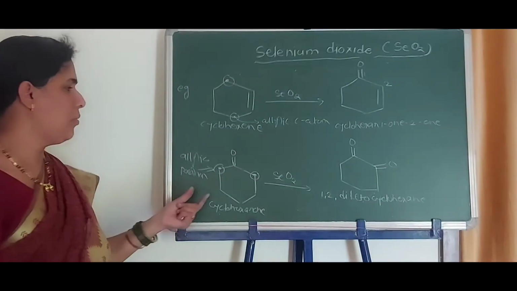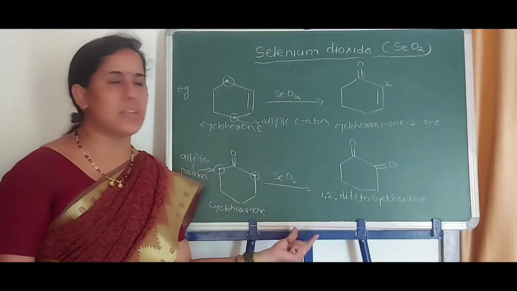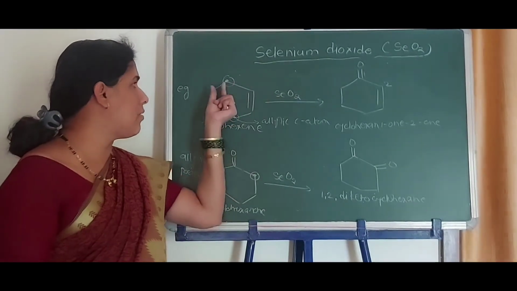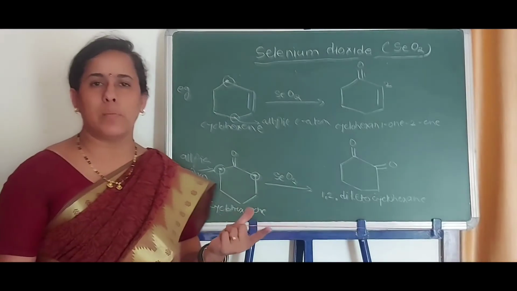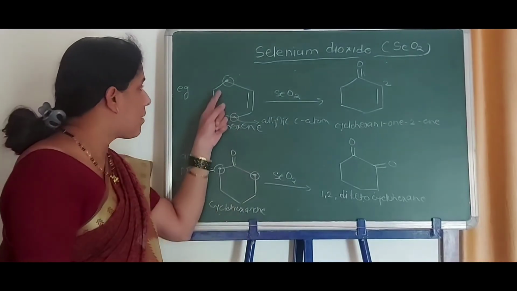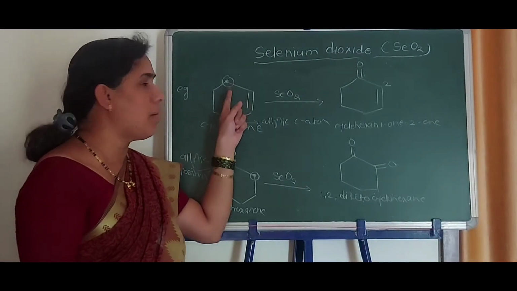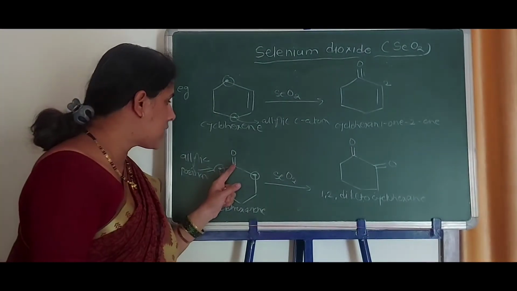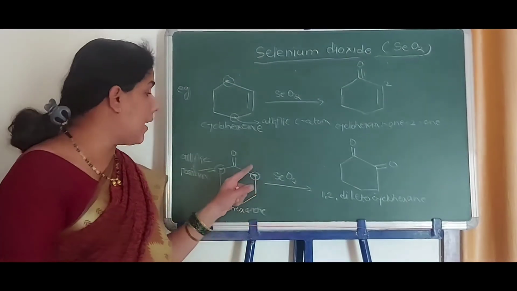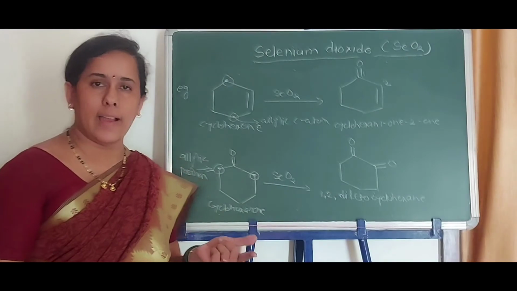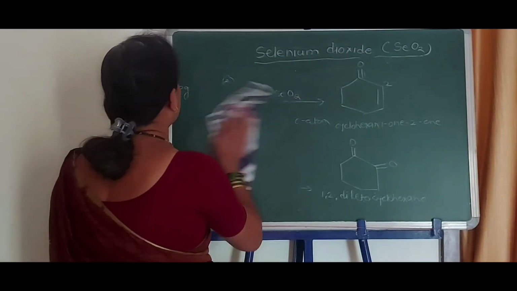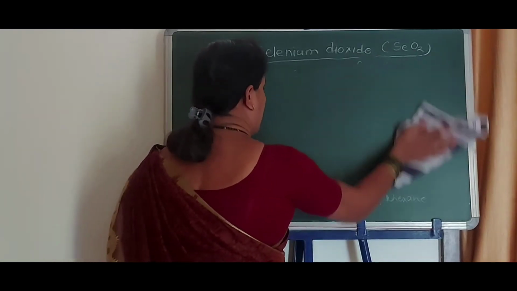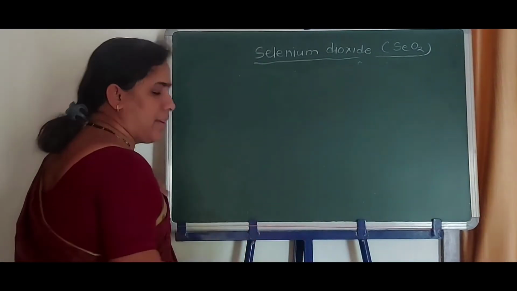Now these are examples of selenium dioxide in which the allylic position is considered. What is meant by the allylic carbon atom? The carbon atom which is adjacent to a double bond, or adjacent to a carbonyl group, that carbon atom is called an allylic carbon atom. This is the first application.